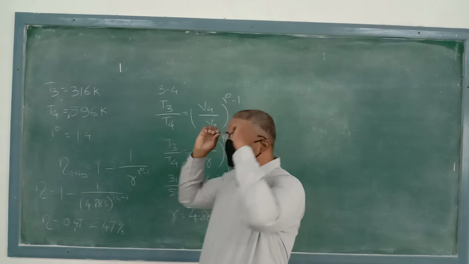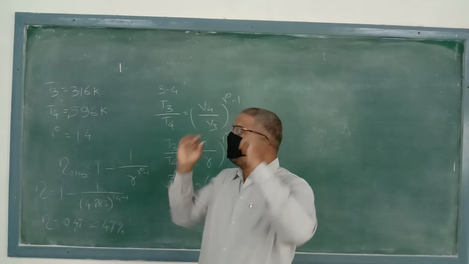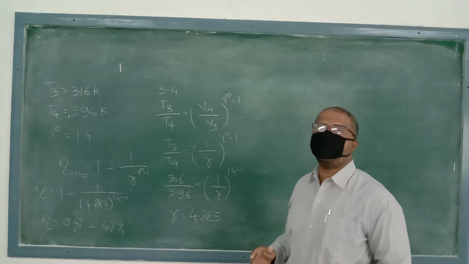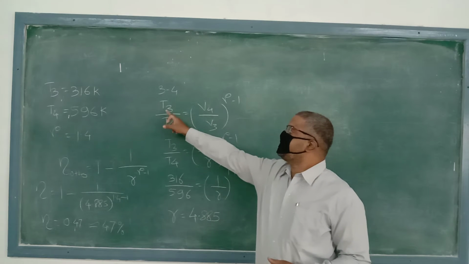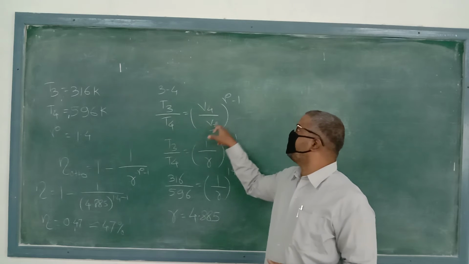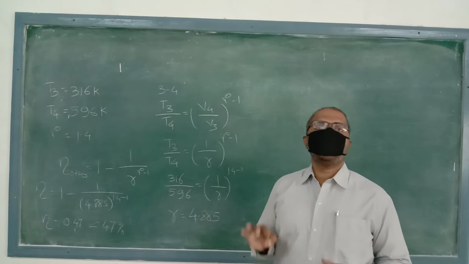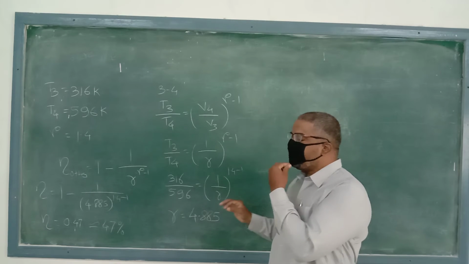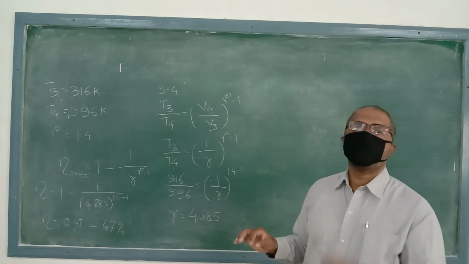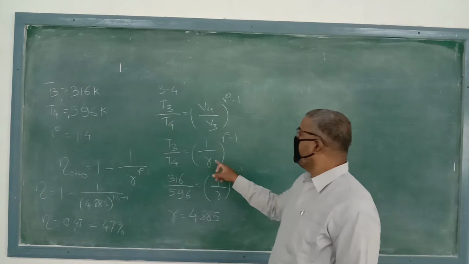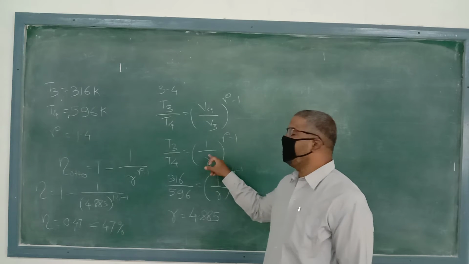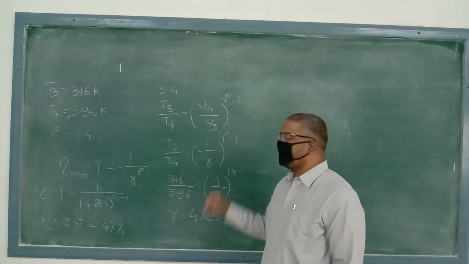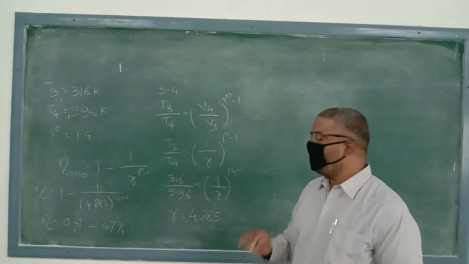How we are going to find out the value of r? We have the relation between temperature and volume during isentropic compression process, that is T3 upon T4 is equal to V4 upon V3 raised to gamma minus 1. So here V3 upon V4 is your r. So you are substituting here the value of r. So T3 upon T4 is equal to 1 upon r raised to gamma minus 1.